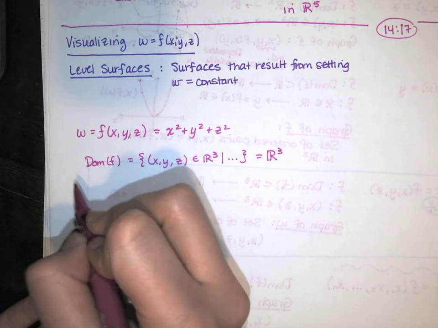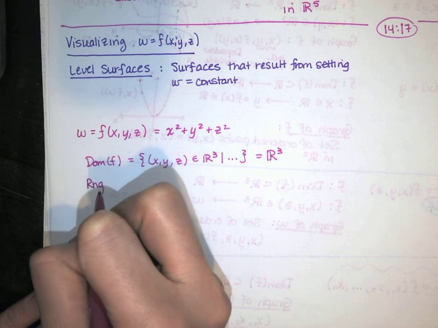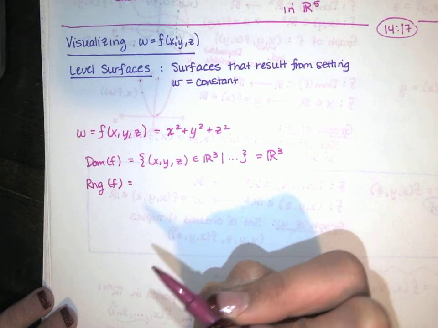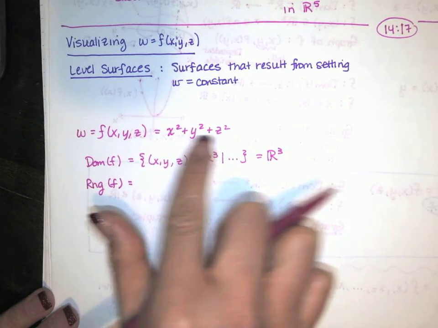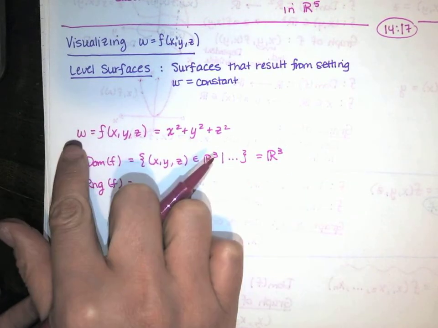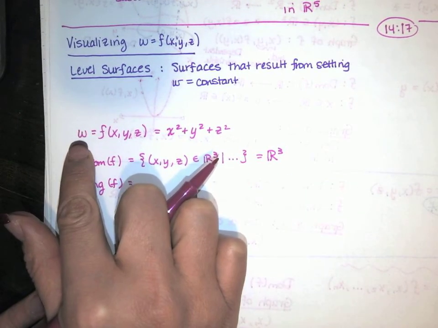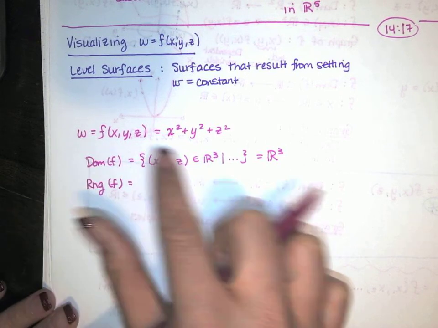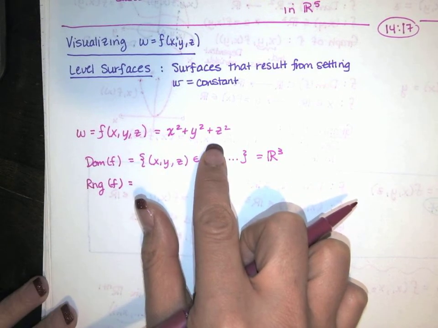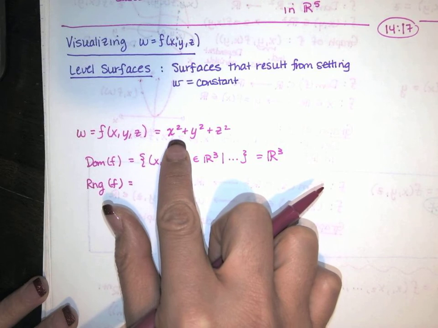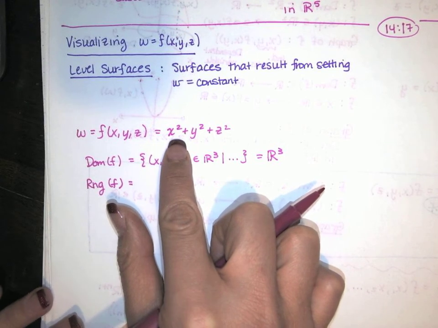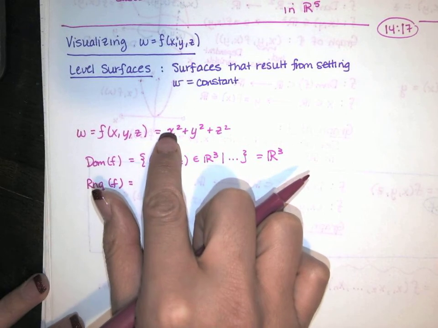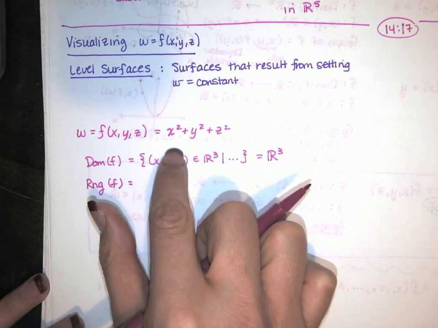Now be careful here. The range of this function is a subset of the real line. For every x, y, and z I plug in over here, I'm going to get a single w value. So I want to know what kinds of w values I get out from this. Well, remember, x squared is always positive except for when it's 0, so this is always non-negative. So the range of just x squared is 0 to infinity.